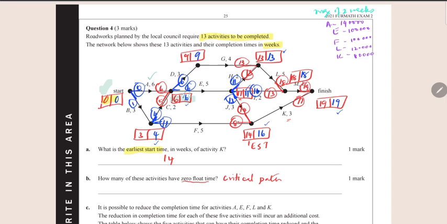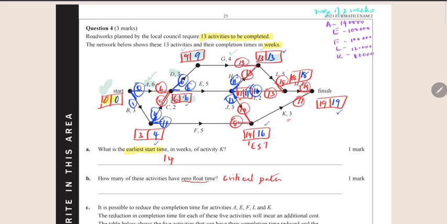And then 6 plus 3, if we go along D, gives you 9, and both the boxes are the same, which is good. And 9 plus 4 is 13, so that gives me another 2 same boxes.